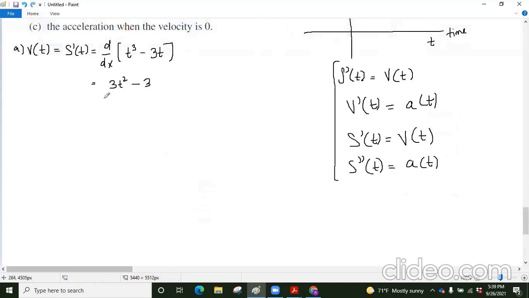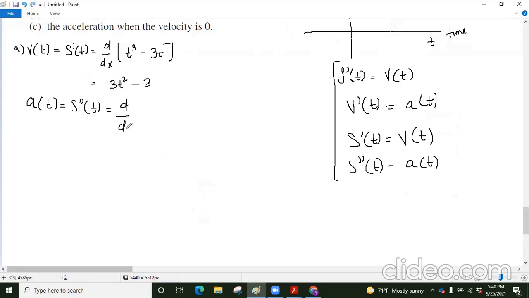So 3t squared minus 3. At this point, this is your derivative, right? v of t is equal to 3t squared minus 3. And then a of t, which is the acceleration function, is equal to s double prime of t, which is just the derivative of the derivative.